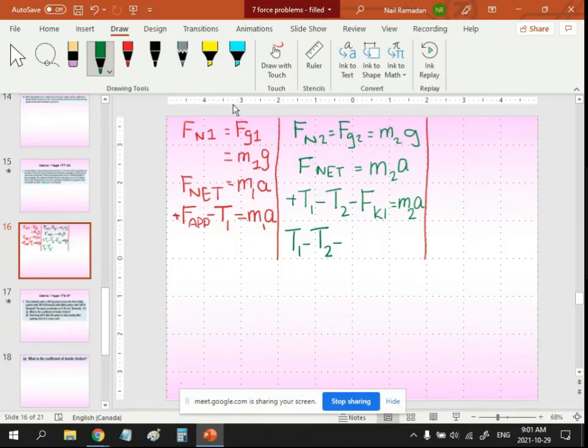We got it on the first line, M2G. So I'm going to jump straight to Mu K M2G equals M2A. Because that's the equation for what? That's the equation for FK.